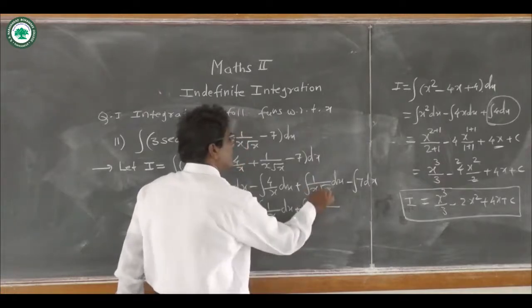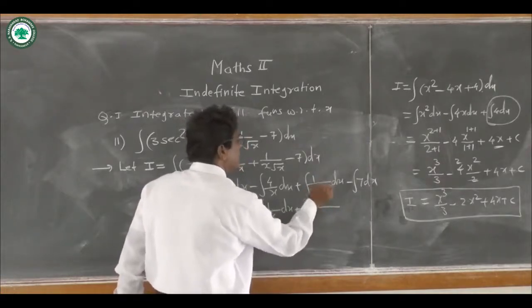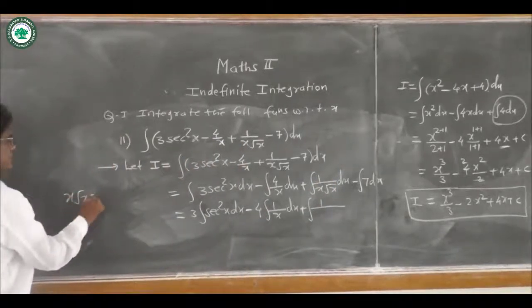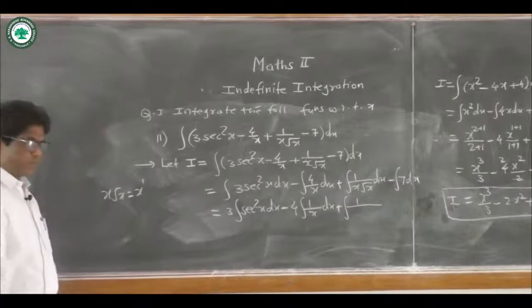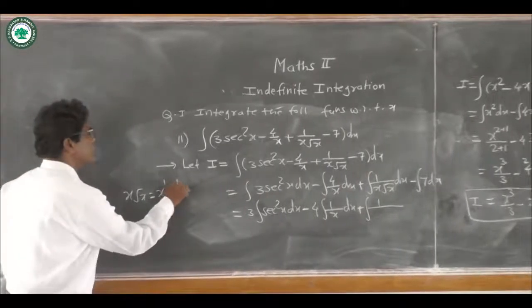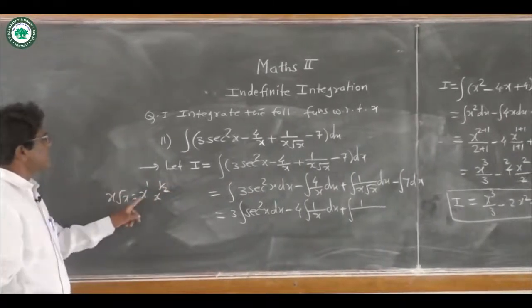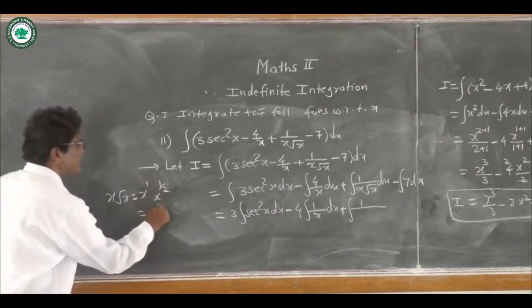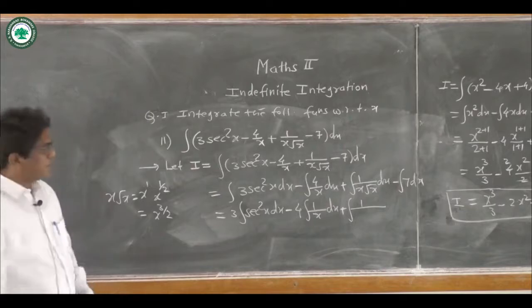the power of x is 1, the power of x is 1 half, and then 1 plus 1 half. See here, x into root x, so the power of x is 1, the power of x is 1 half, root x means x to the power 1 half, and 1 plus 1 half, that is 3 by 2, so x to the power 3 by 2.